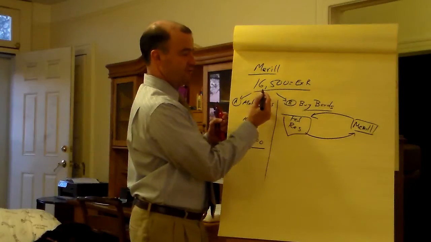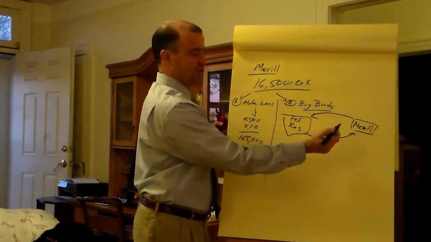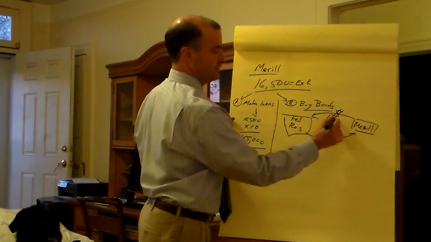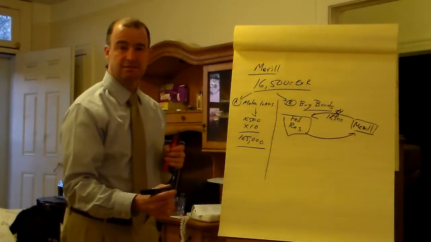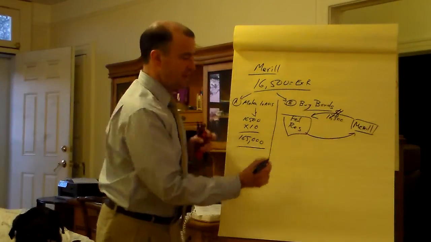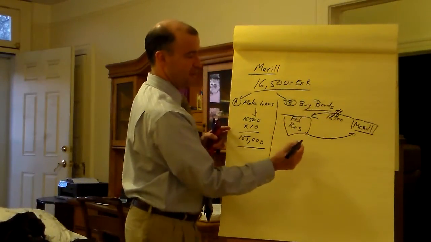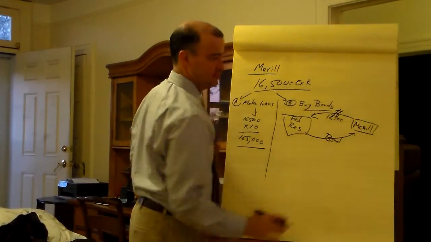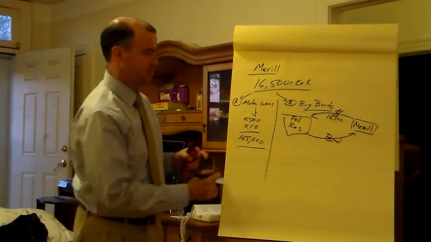But with excess reserves, Merrill wants to purchase bonds. So she's going to be willing to sacrifice cash. How much cash? $16,500. That's what she has. So the Fed is going to sell a bond in this instance to Merrill. So the bond heads over to the bank.